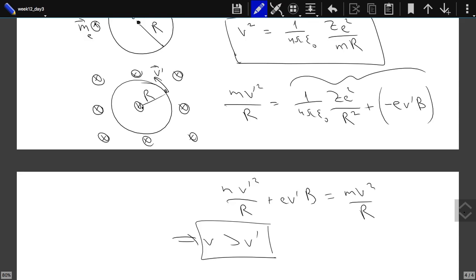Only in that sense, the magnetic dipole is at a point. You cannot say that the electron is over here, the nucleus is over there. So you can talk about a magnetic dipole moment only if you are sufficiently away from the dipole, so that you cannot see what is inside. It just looks like a point.